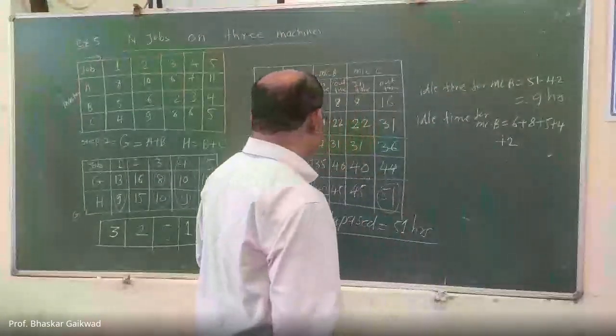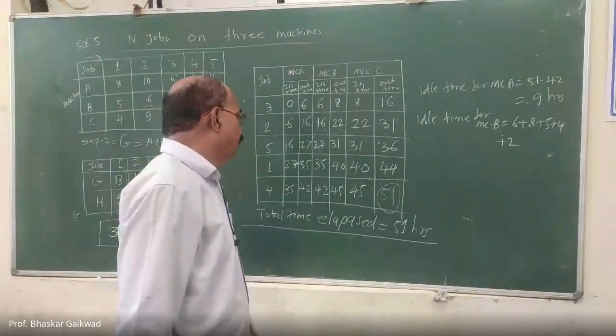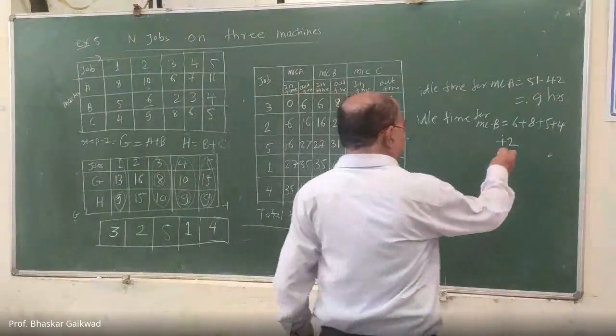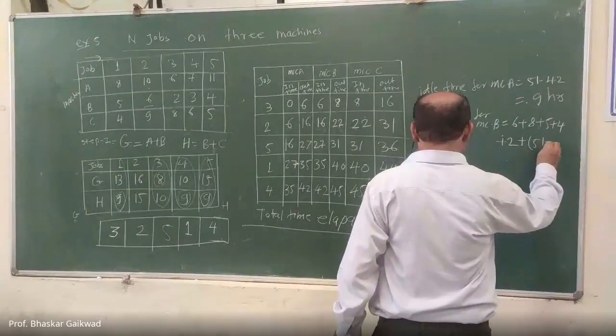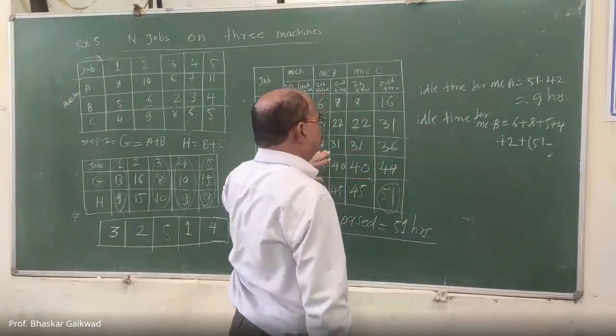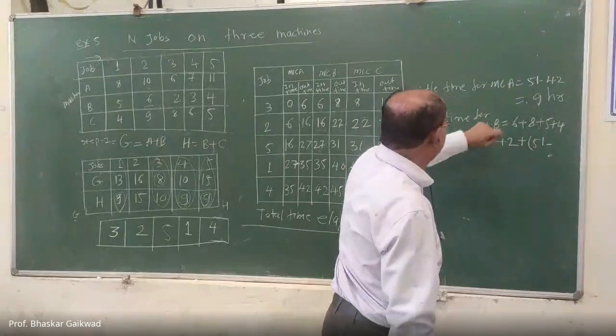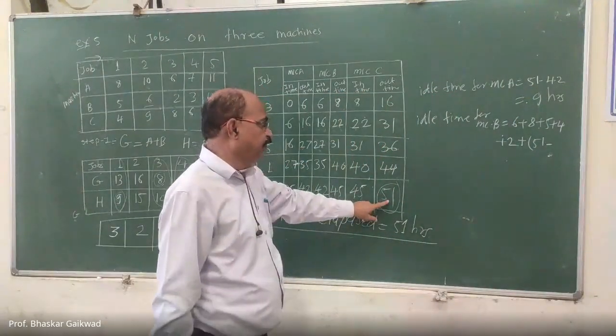Correct. And after this, again, the total time is 51, just as we have calculated in this way related to B machine. Here is a 45, here is a 51.